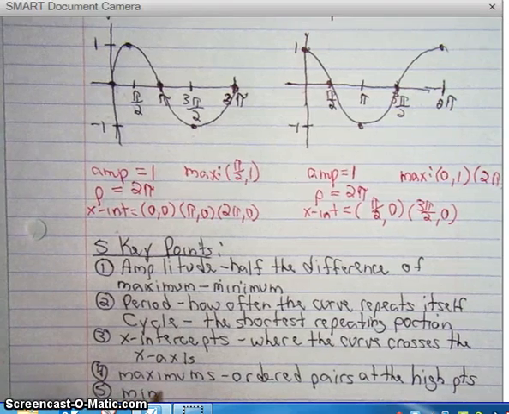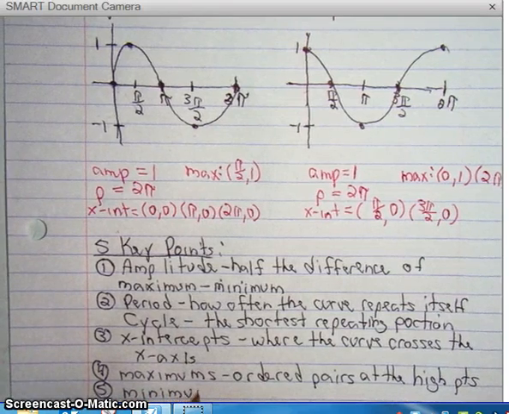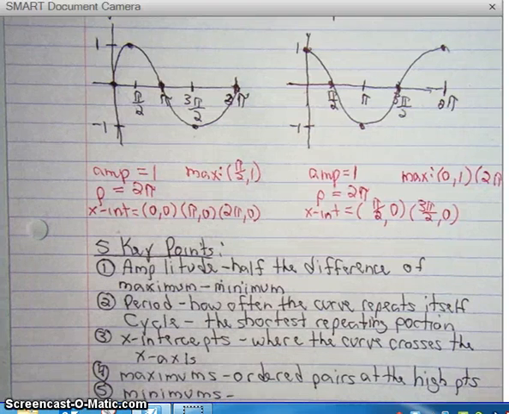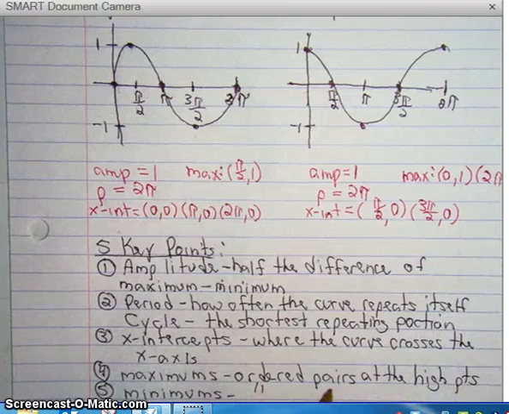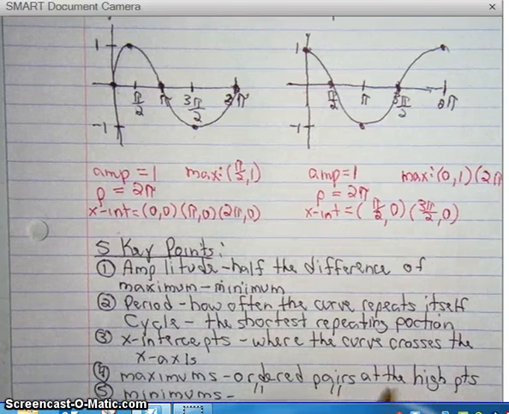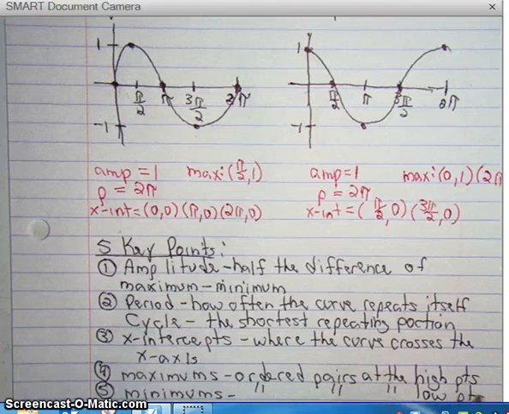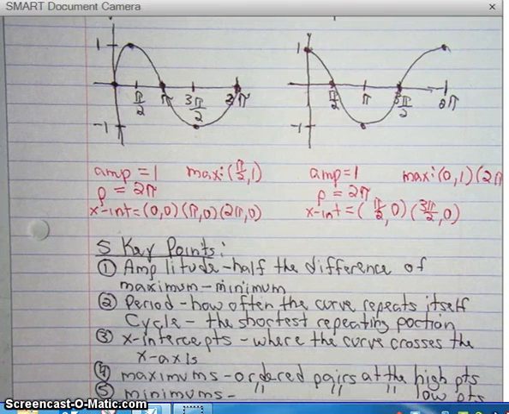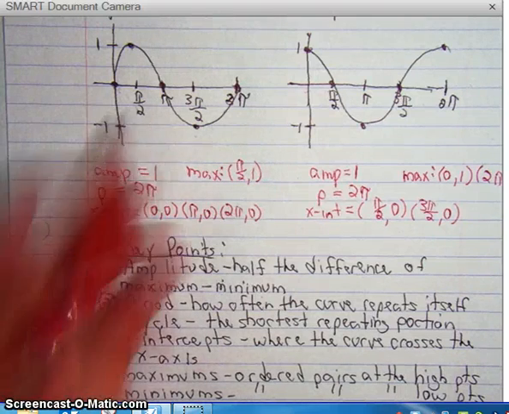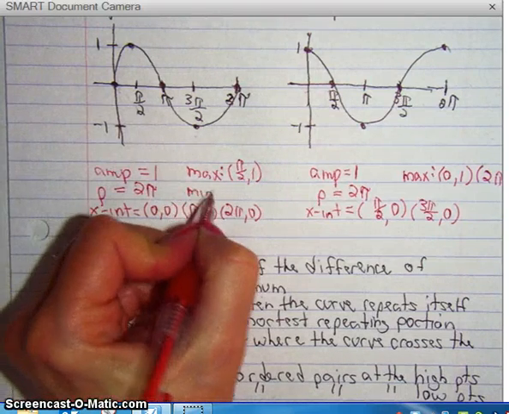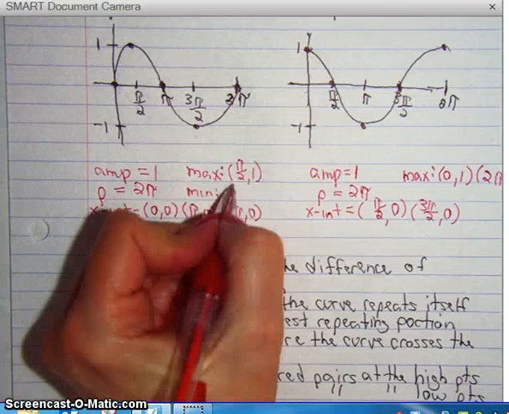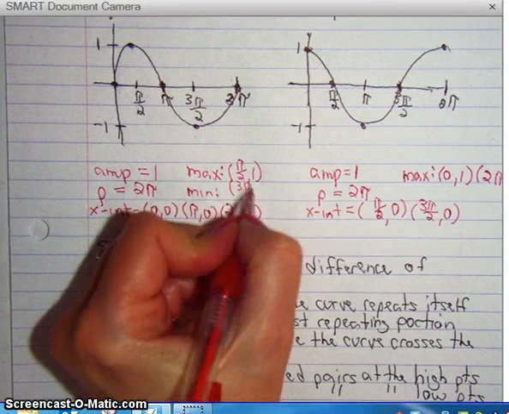Okay. All right, you know what the fifth one is then? Minimums. Ordered pairs at the low points. We'll ditto this. Ordered pairs at the low points. Okay. Jasmine, one minimum here. 3 pi over 2, -1.